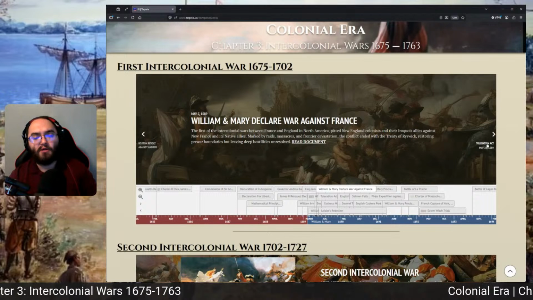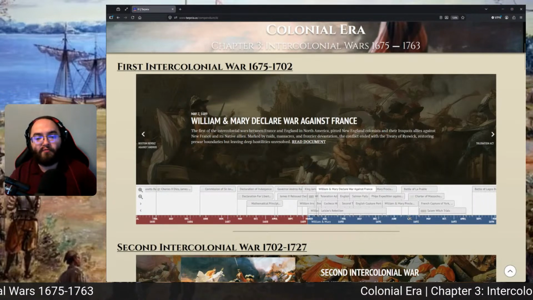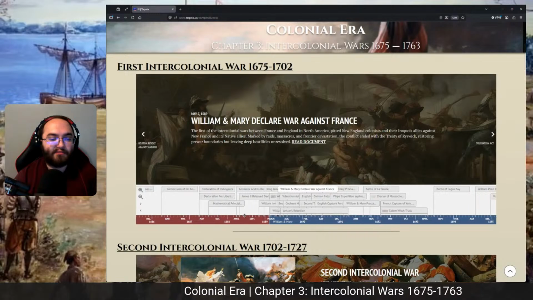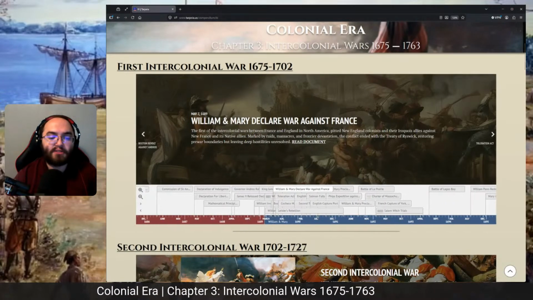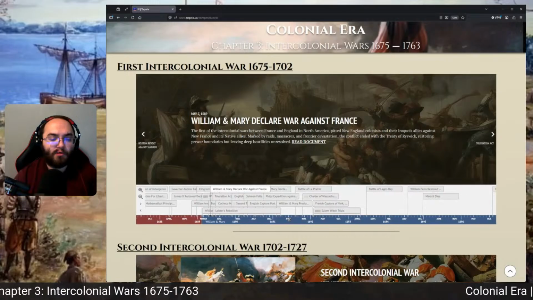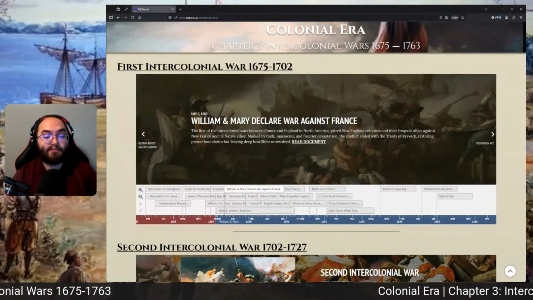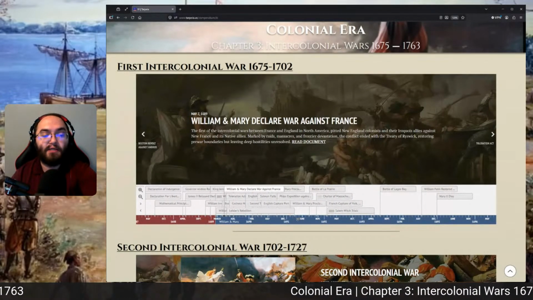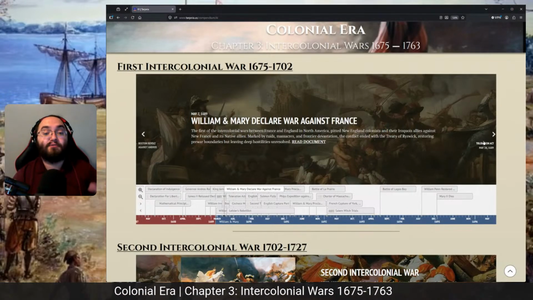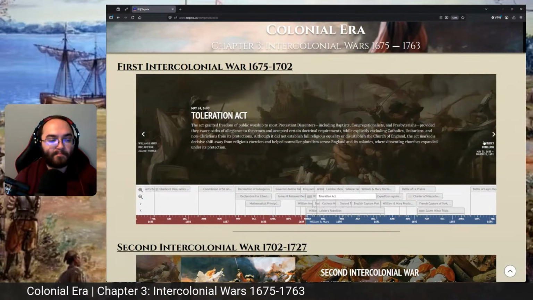And the conflict will end with the Treaty of Ryswick, restoring pre-war boundaries but leaving deep hostilities unresolved. So this is the first time that the colonists for both France and England in North America will have a full-out war. So this is the first intercolonial war.